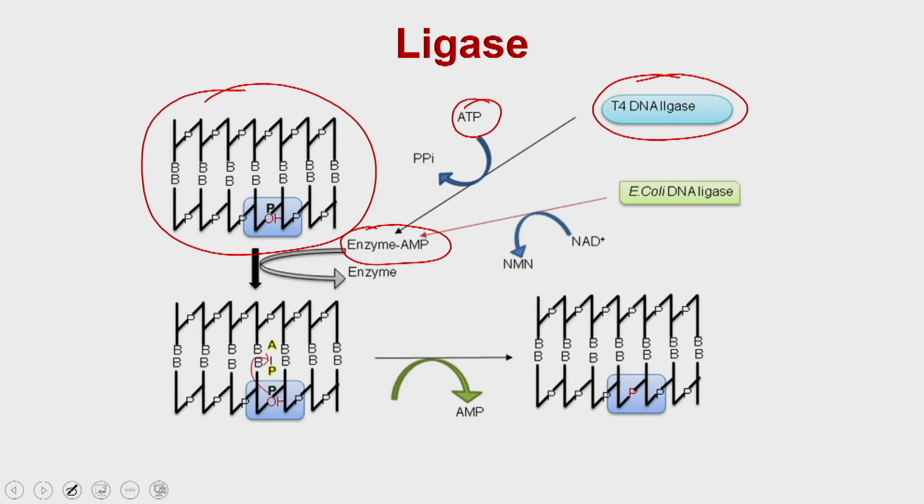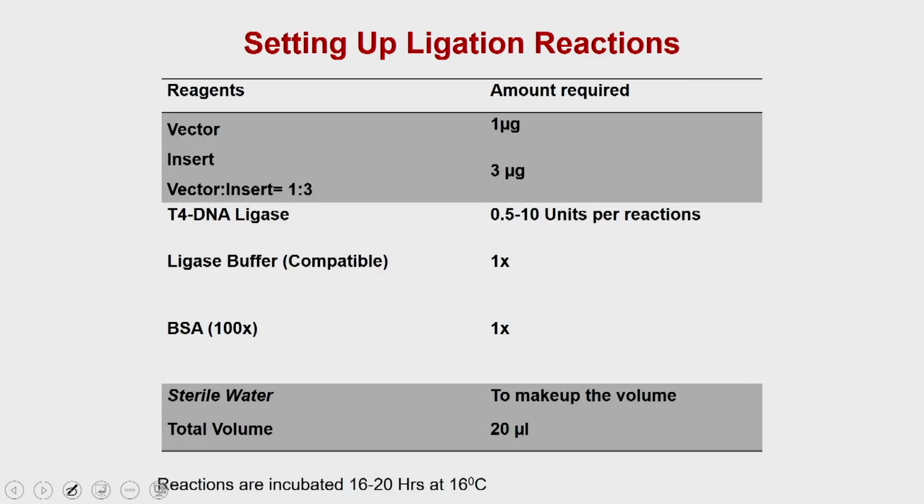The AMP will bring the 3' OH group and the 5' phosphate together, and once they come together, the AMP is removed, and you have the linkage at this nick. That is how the ligase joins the two DNA. How to set up the ligation reactions?